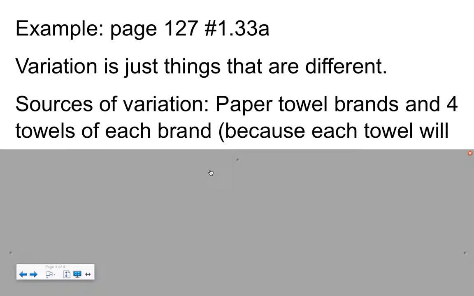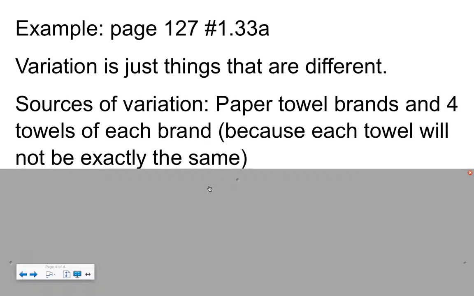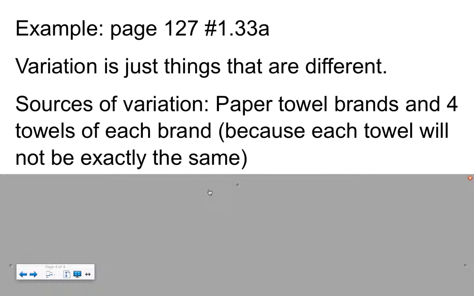So the other variation would be 4 towels of each brand. Because each towel won't be exactly the same, even though it's the same brand. They're not identical completely. So those would be the sources of variation, because it's things that are different from one individual paper towel to another. So their brands vary, and also there are 4 different towels of each brand.